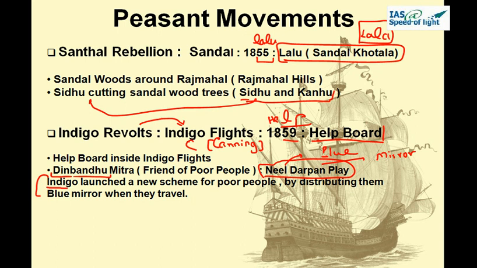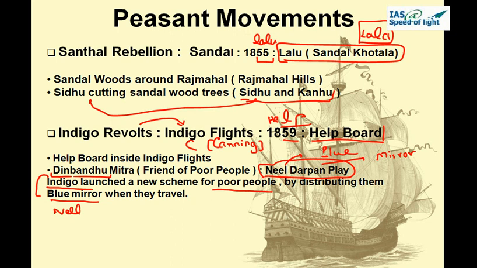Indigo is Indigo flights or Indigo revolt. Poor people, Deen Bandhu, okay? The friend of poor people. Deen means the Deen people, Deen Dukhi. So poor people, by distributing them blue mirrors, becomes Neel Darpan. So Deen Bandhu Mitra wrote a play, Neel Darpan, on the Indigo revolt.